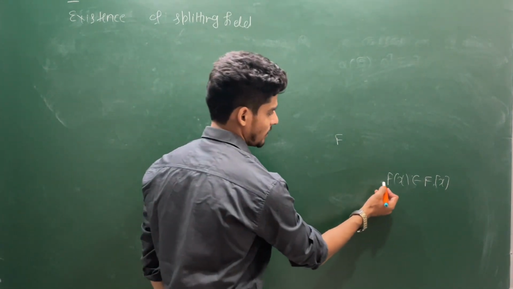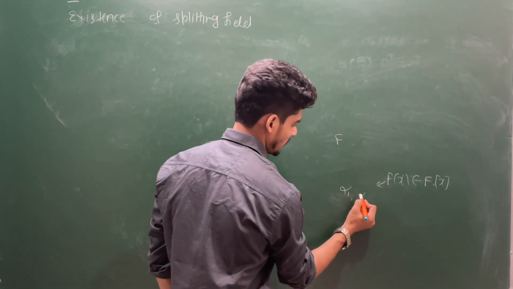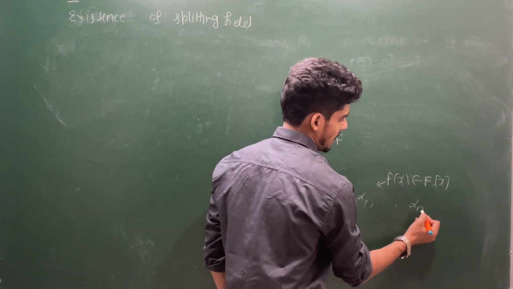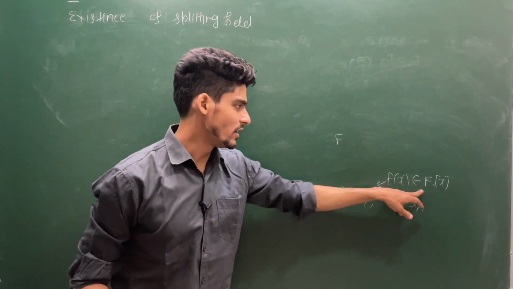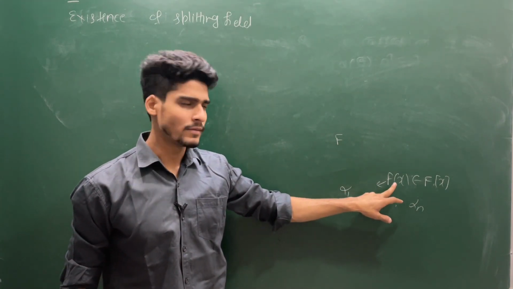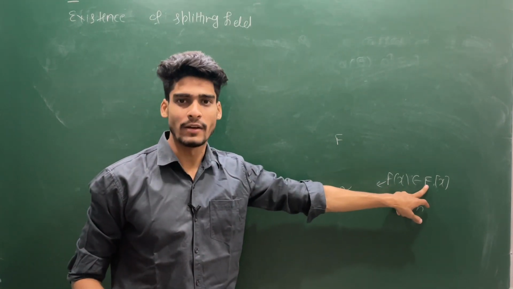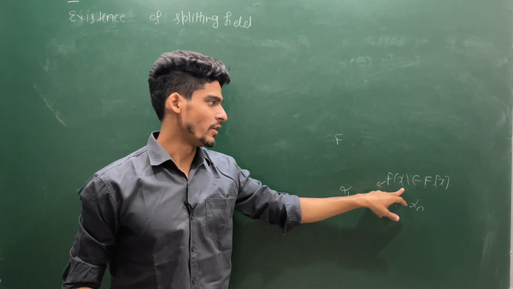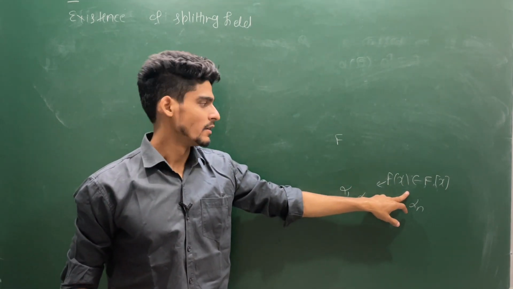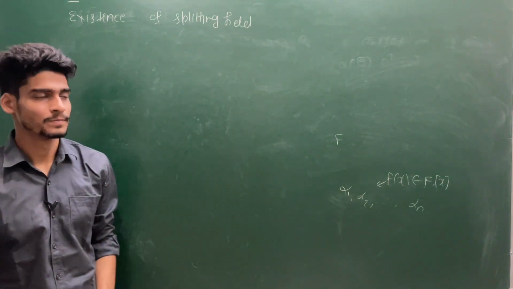So suppose this f(x) contains roots, say alpha 1, alpha 2, ..., alpha n. It has n roots because we are in a field. So if the degree of f is n, then it can have at most n roots inside F. And if f(x) factors completely, then it has exactly n roots.